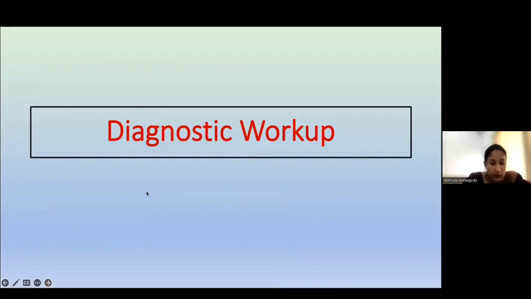So once we suspect portal hypertension with the clinical features, let's look at how we do the diagnostic workup.